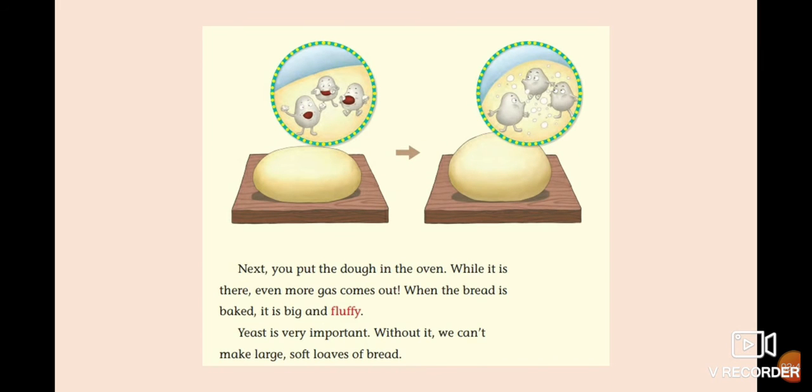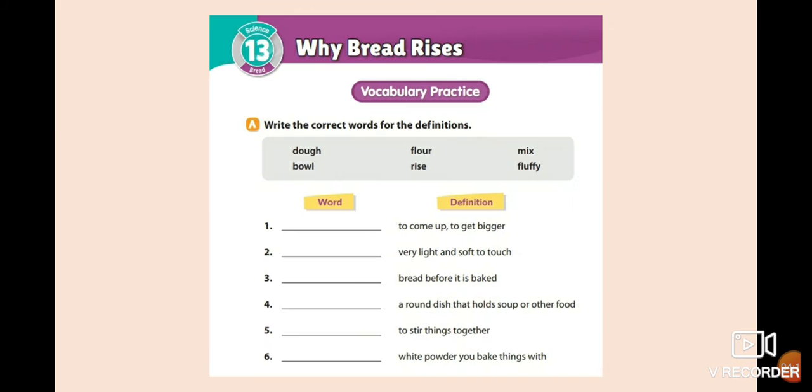Next, you put the dough in the oven. While it is there, even more gas comes out. When the bread is baked, it is big and fluffy. Yeast is very important. Without it, we can't make large, soft loaves of bread. Okay, let's see. Excellent. So let's continue.